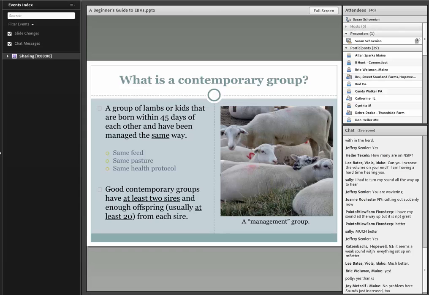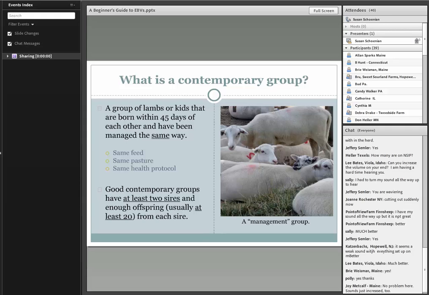So a contemporary group is basically a management group. It's a group of lambs or kids that have been born within 45 days of each other. That's more than 2, almost 3 heat cycles in sheep. And they've been managed in the same way. Same pen, pasture, same feed, same health protocol.